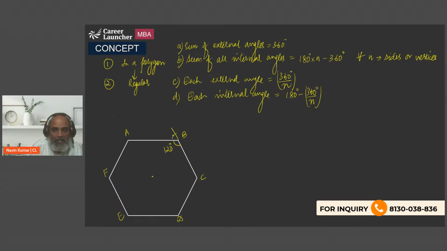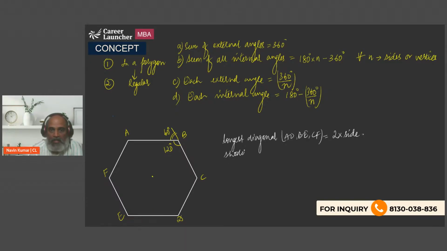Each exterior angle is 60 degrees. The length of the longest diagonal, which happens to be when we join the opposite vertices, let's say AD or BE or CF, is given as 2 times the side of the regular hexagon.